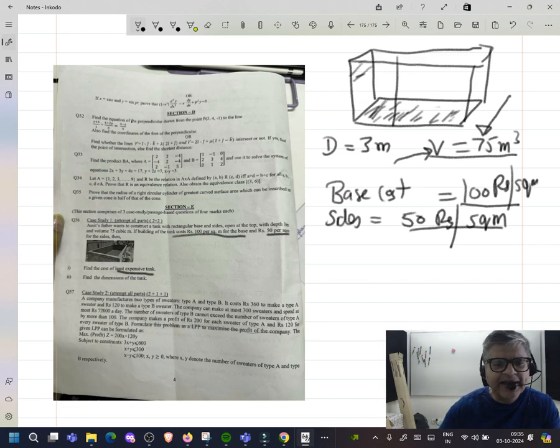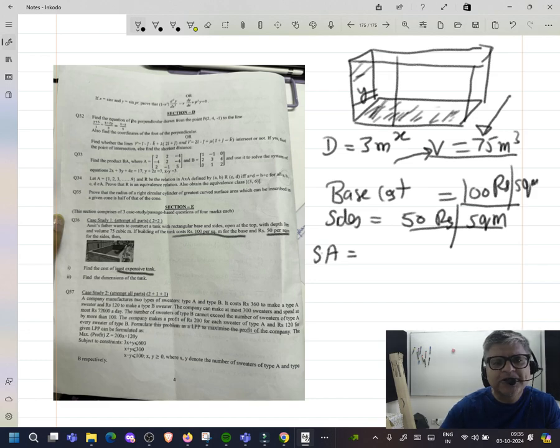The surface area of the tank is the amount of sheet you need to build this. So let's say the length of this tank is X and the breadth of the tank is Y, because the height is fixed, right? But let's talk about the surface. You can see the tank is open from the top, right? So open at the top.